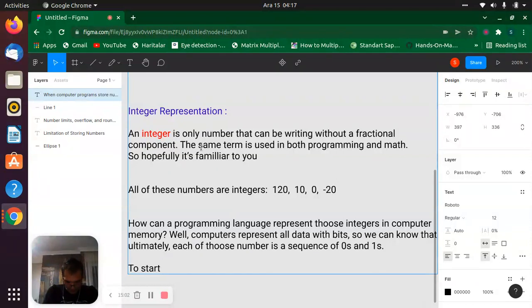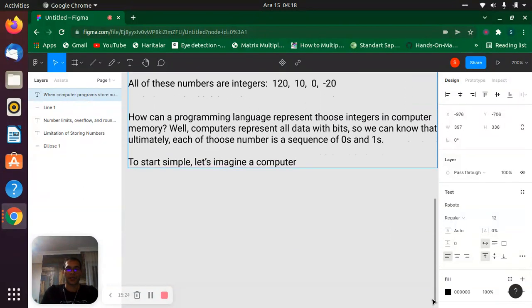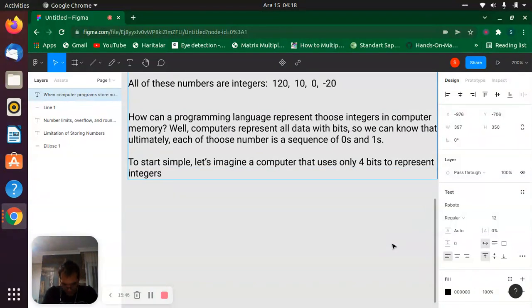Let's imagine a computer that uses only 4 bits to represent integers.